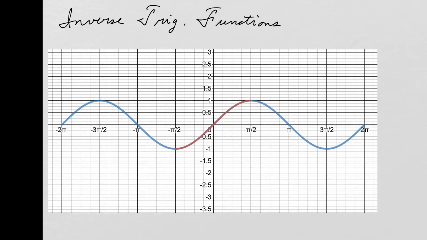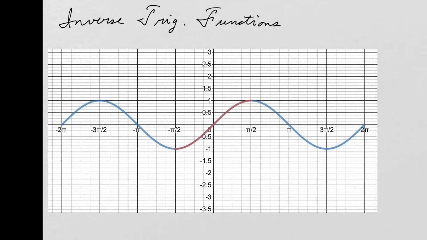If I draw a horizontal line anywhere through that little red piece, it's only going to intersect the graph once. So between negative pi over 2 and pi over 2, it does have an inverse, okay? So if we restrict the domain of our trig functions, then at least over that particular domain, the function will have an inverse.